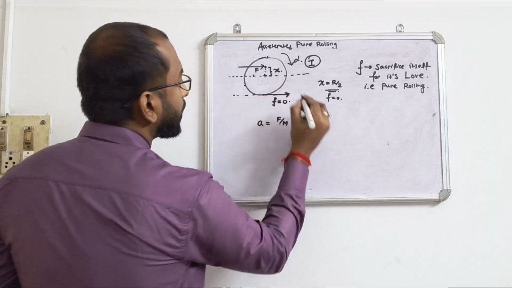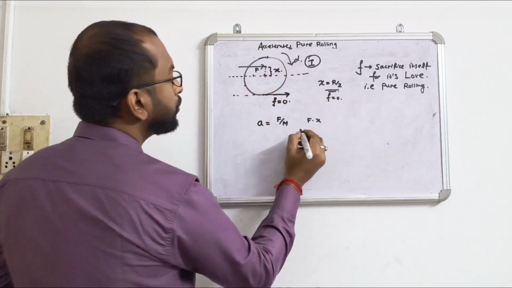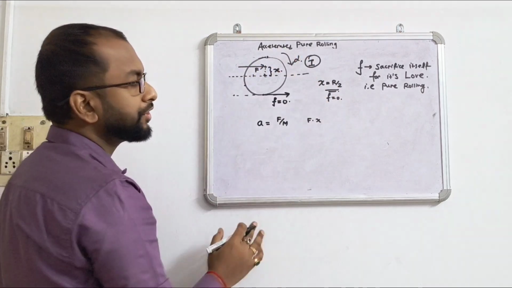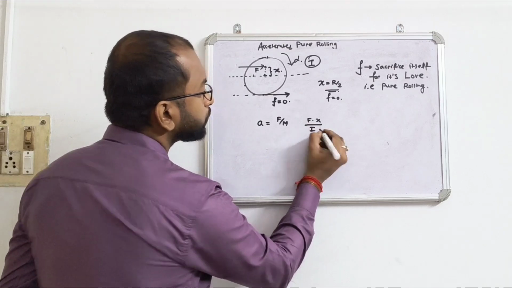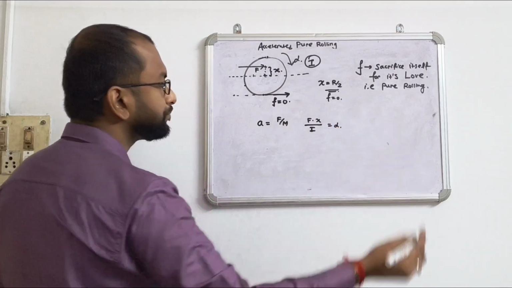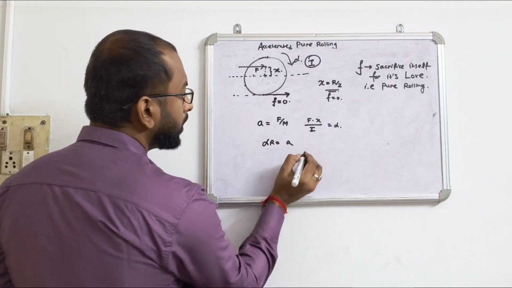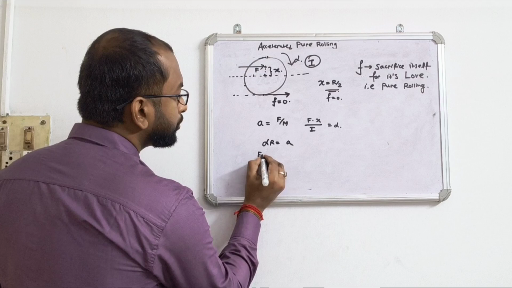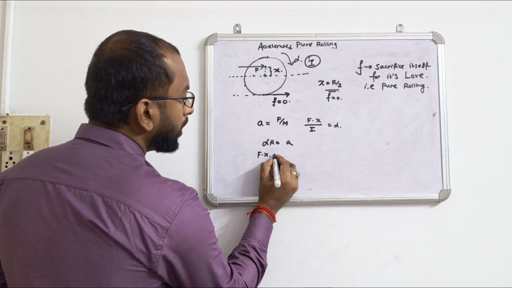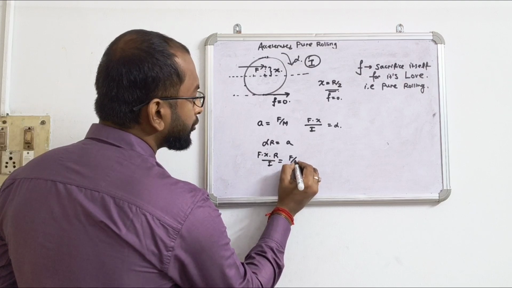What is the net torque applied? F into x, in the clockwise direction. So alpha is generated as torque by moment of inertia, F x by I. Now in order to have pure rolling, alpha into r should be equal to a. So we put F into x into r by I equal to F by m.